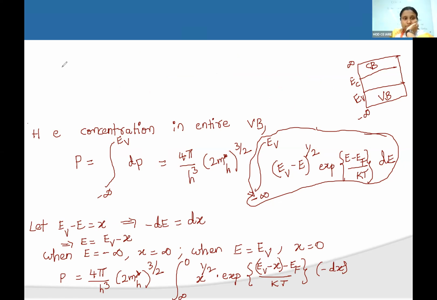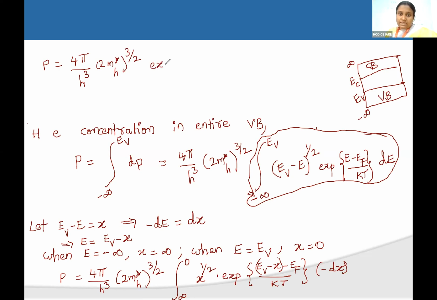Now see here, I'm writing above. So P will become, I'm trying to take out all constant terms outside. This will be 4 pi by h cube into (2 m_h star) whole to the power of 3 by 2. Okay, ma'am.